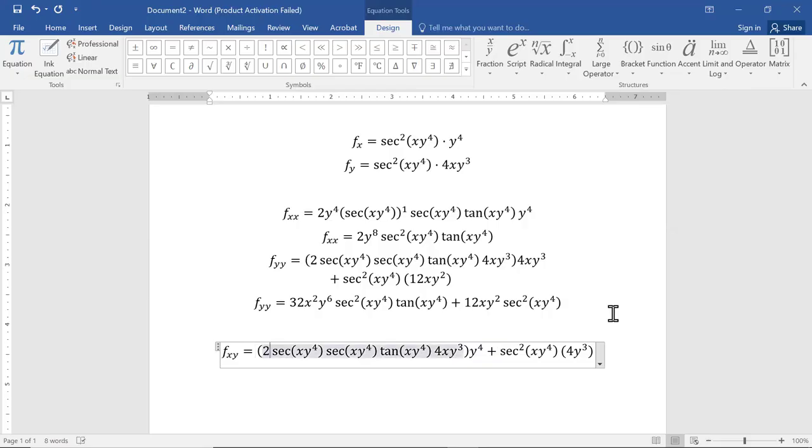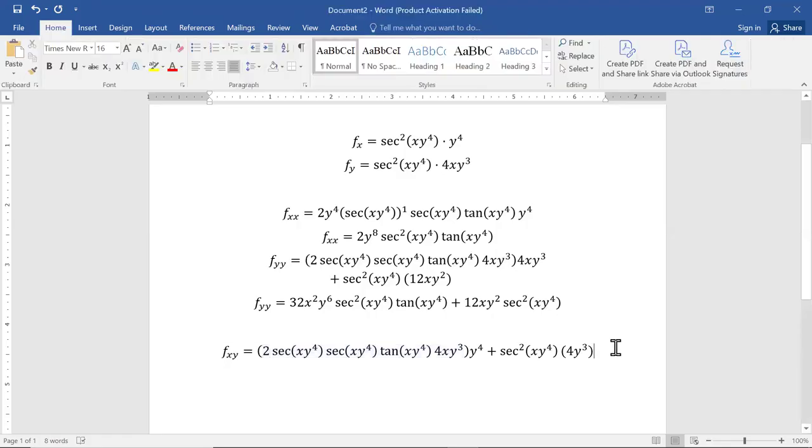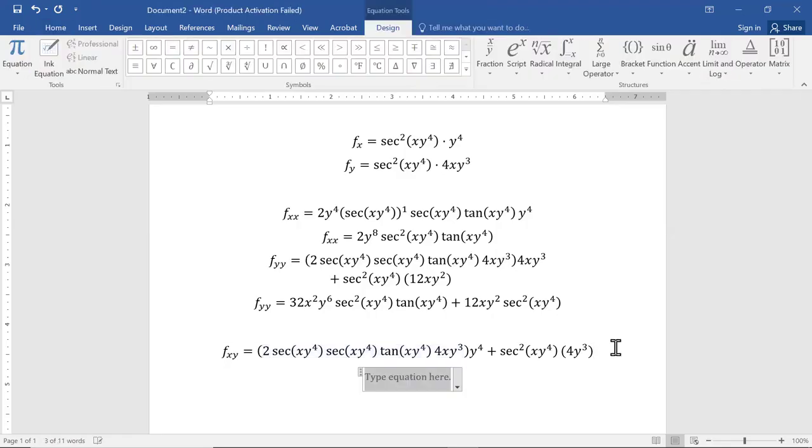And again, I can clean this up if I want to. And I can say, moreover, since I know that f sub xy is going to be the same thing as f sub yx, I don't have to do it again. I'm going to get, well, let's look through. I have 2 times 4 times x times y to the third times y to the fourth.